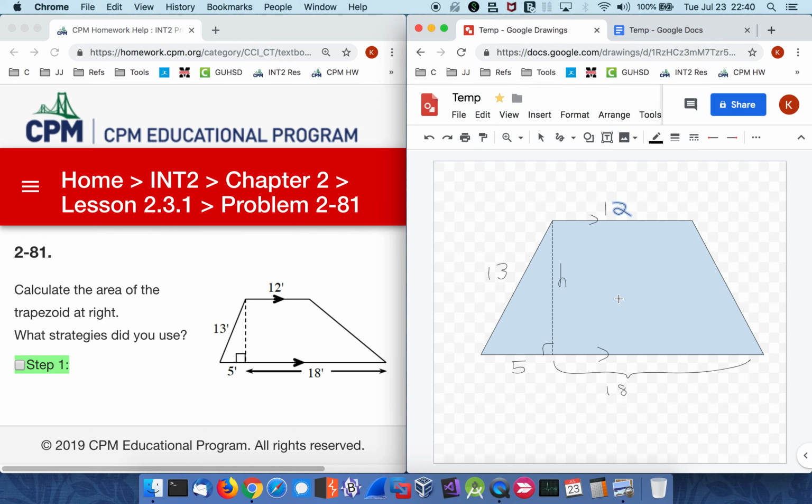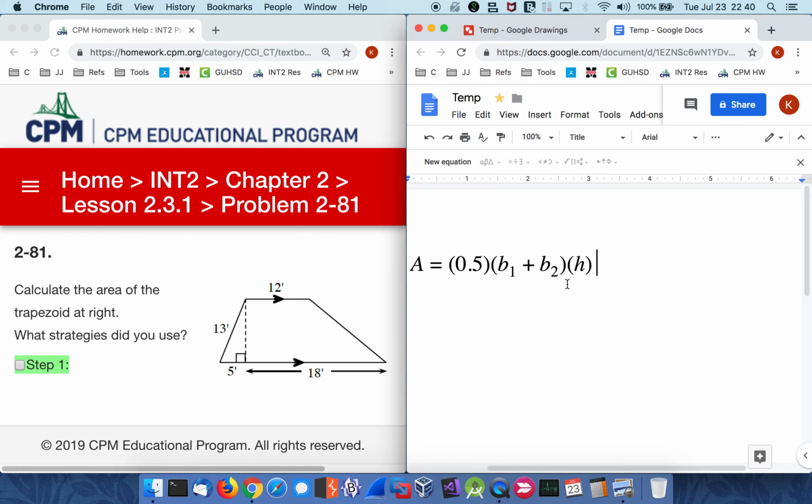I think we've done that before. Alright, so what do we got for base 1? We've got 12, and down here we've got 18 plus 5, which is 23. So here, I'm going to go ahead and just copy that. And so what we've got is 12 plus 23. Right? Okay, so now we need that height.